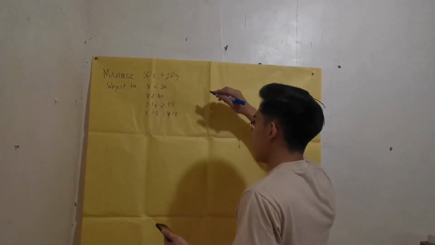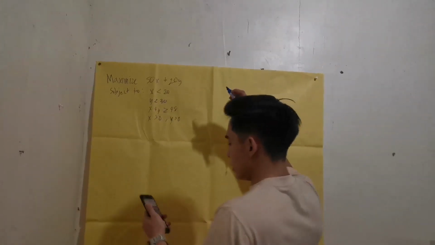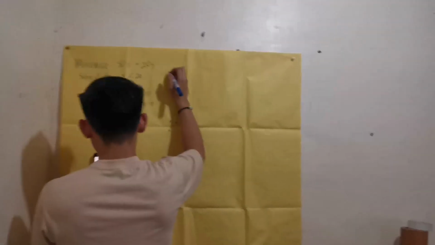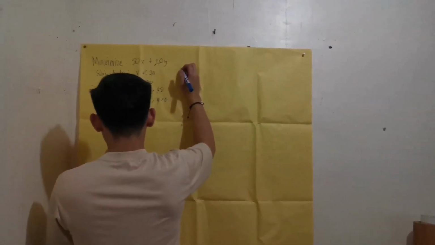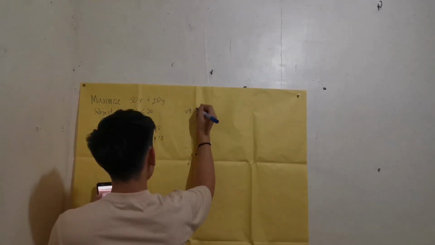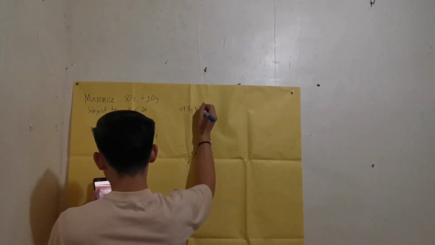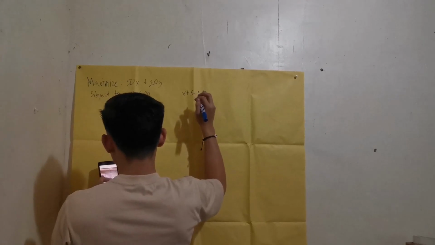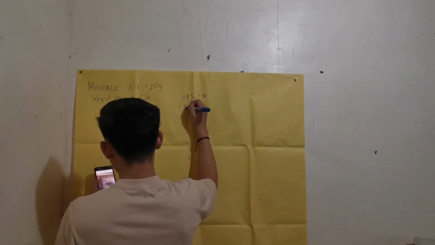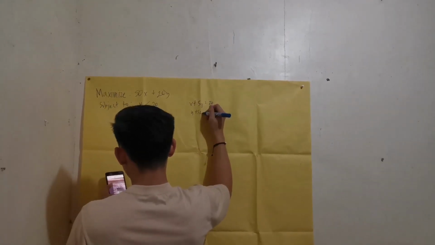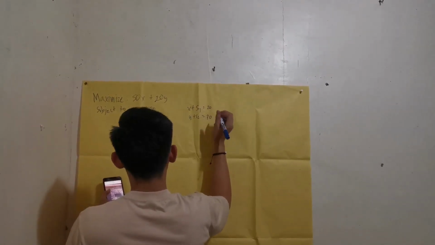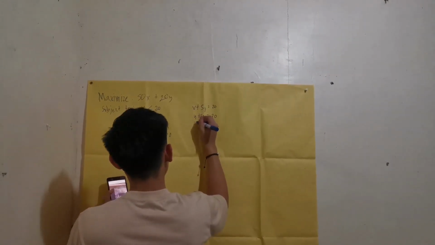So, sa x less than 20 is x plus s sub 1 and y plus s sub 2 equals to 30 and negative.